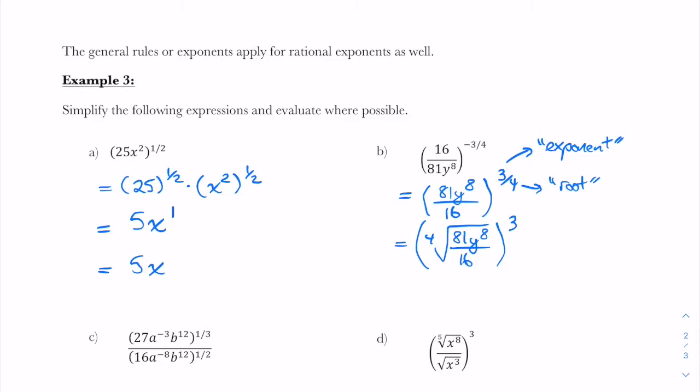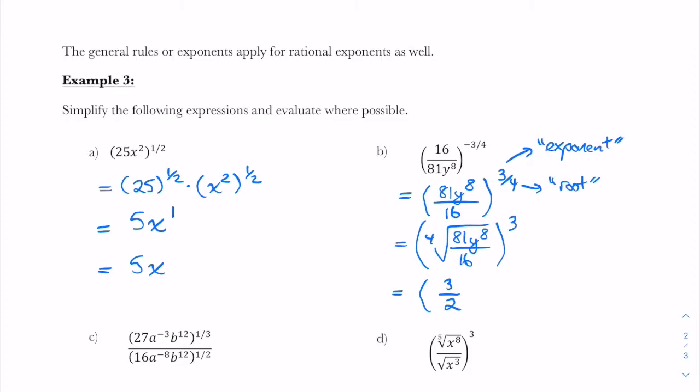To simplify this, we just have to take the 4th roots of everything underneath the radical. So what's the 4th root of 81? This can be done on your calculator. The 4th root of 81 will evaluate to give you 3. And the 4th root of 16 evaluates to give you 2.